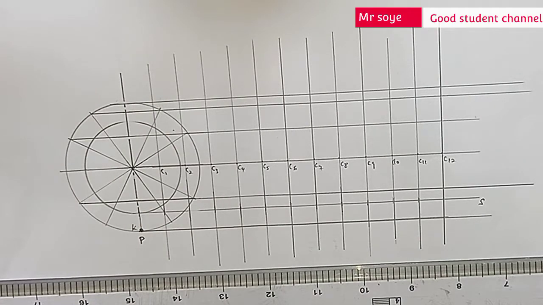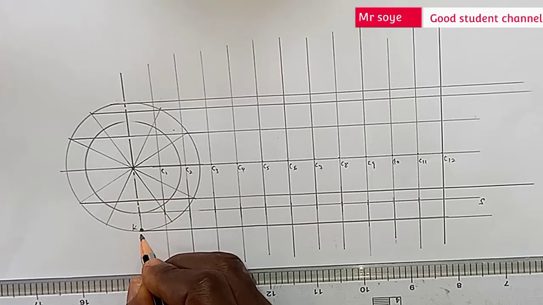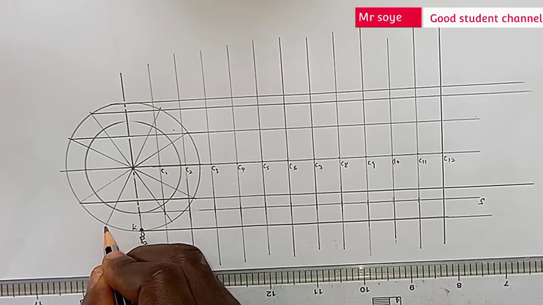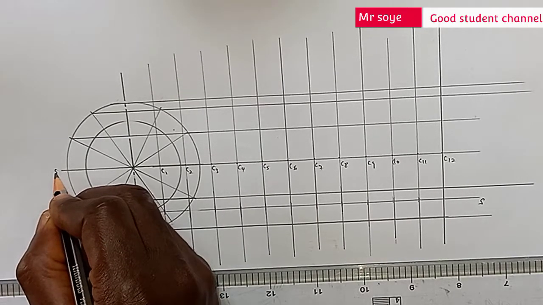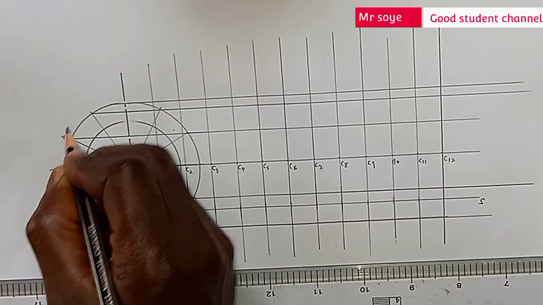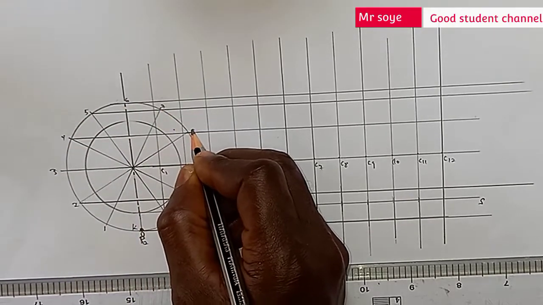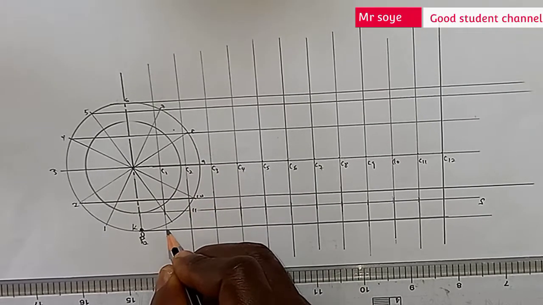Now, this line here, let's refer to it as line 0 and line 12. This line is 1, this line is 2, line 3, line 4, line 5, 6, 7, 8, 9, 10, 11.